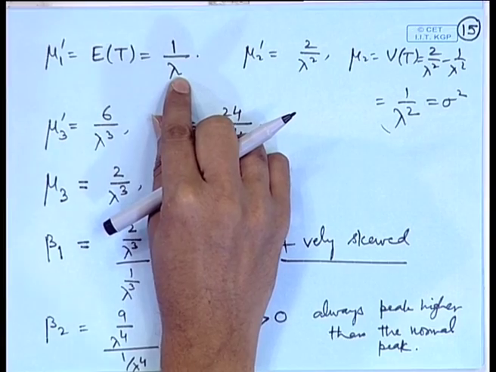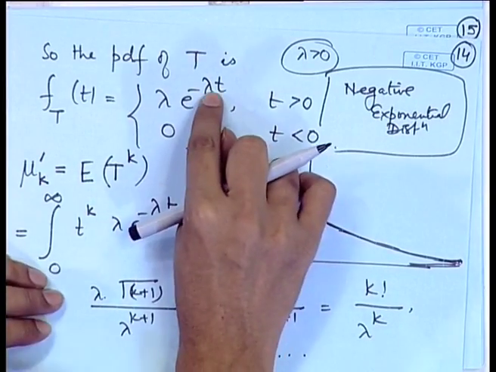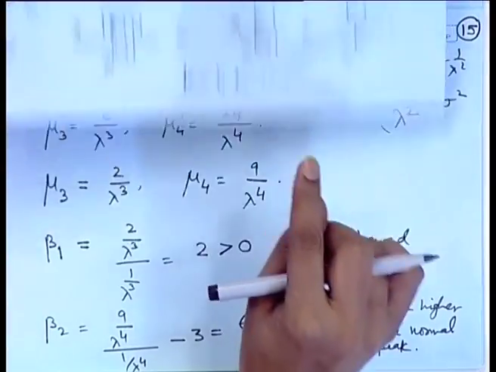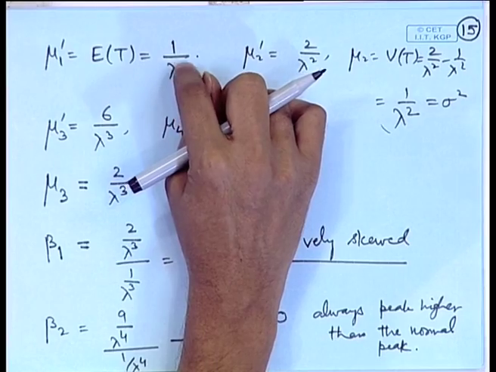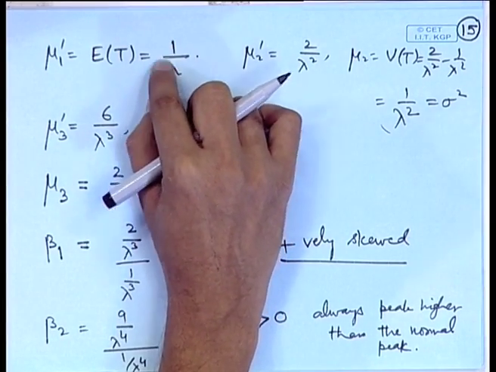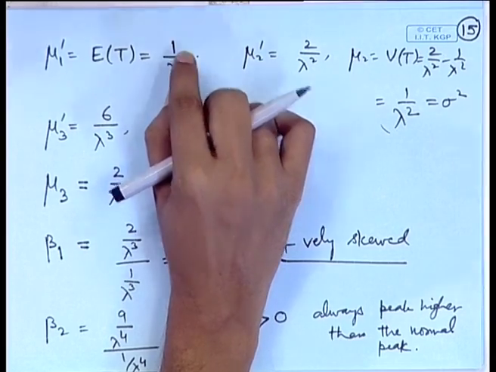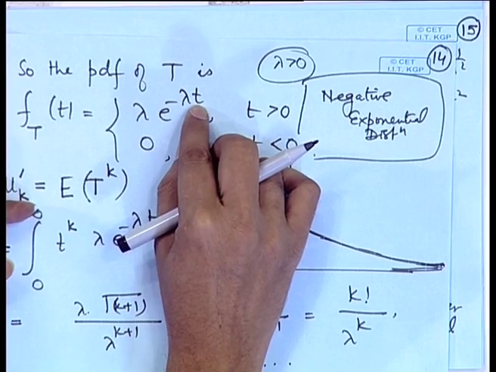Another thing we notice here is that when we consider the form lambda e to the power minus lambda t, where lambda was the rate of the Poisson distribution, then the mean of this turns out to be 1 by lambda. And since there is a single parameter, if we write 1 by lambda as, say, sigma, then this becomes 1 by sigma e to the power minus t by sigma.